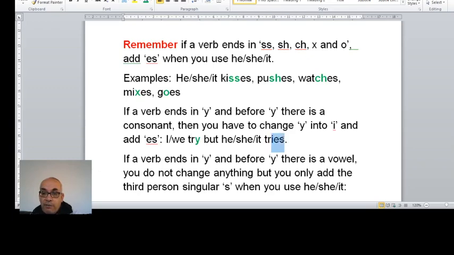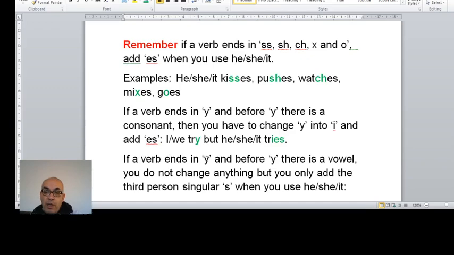I can put this in green for you, you can see it better. So I try, we try, but he tries, she tries, it tries. I repeat, we change y into i and we add es. Why? Because before y we have a consonant.